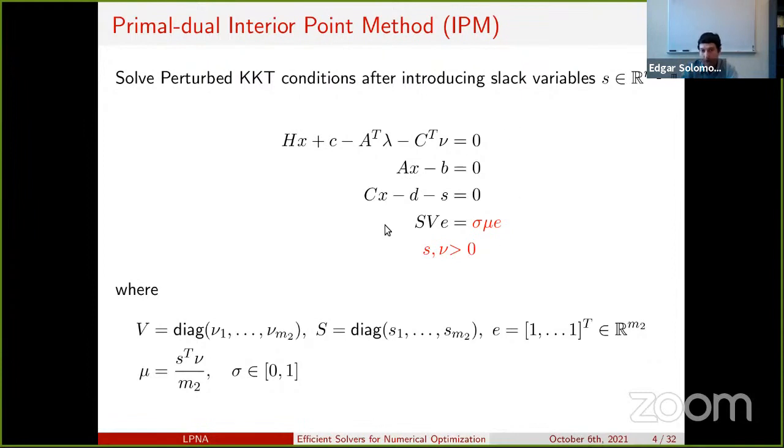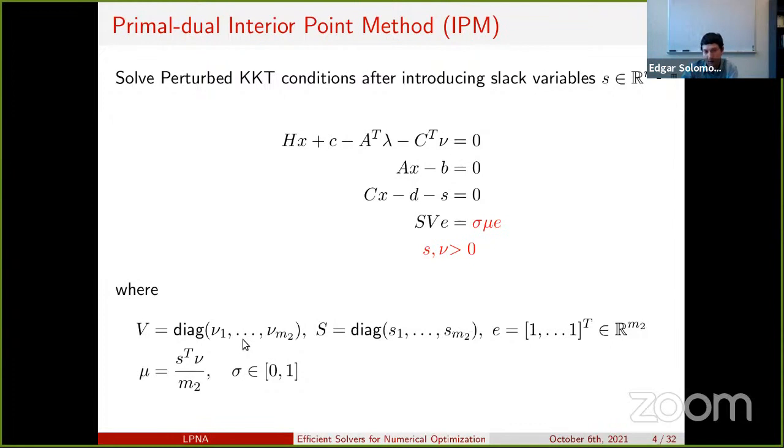But this is a particular flavor of interior point I'll talk about today, and it's a fairly standard approach for this type of problem. Here we introduce the diagonal matrices S and V, the product of which will be denoted later throughout the talk as D_k, where k is the iteration number of the interior point method. These are essentially the parameters that interior point is adjusting throughout execution.